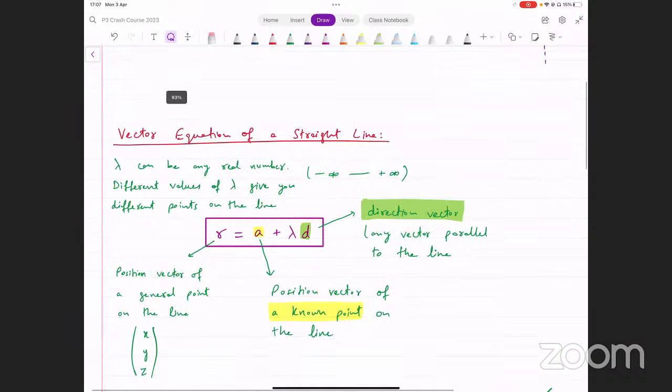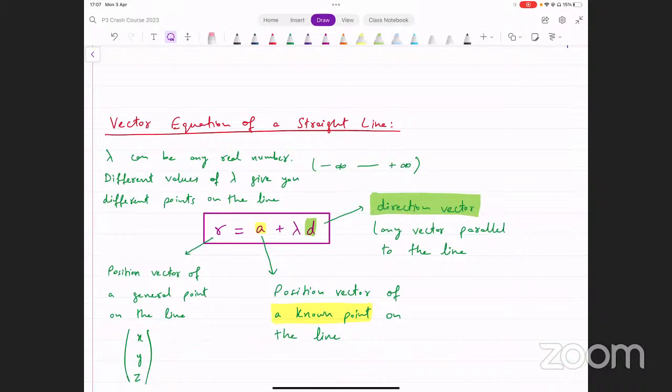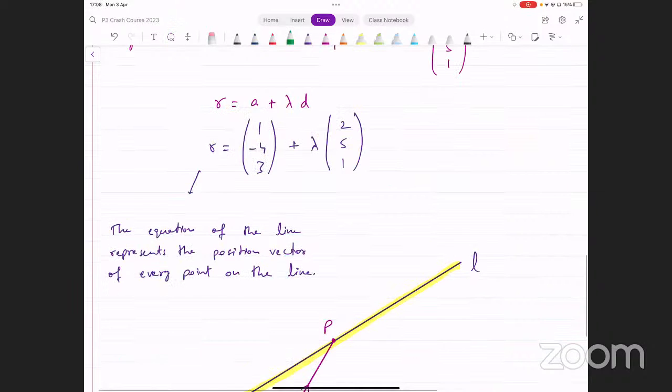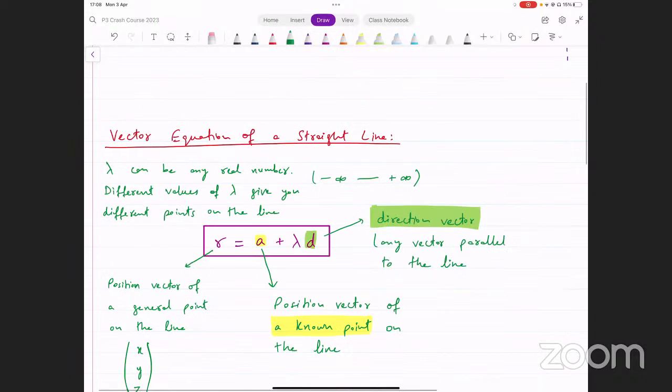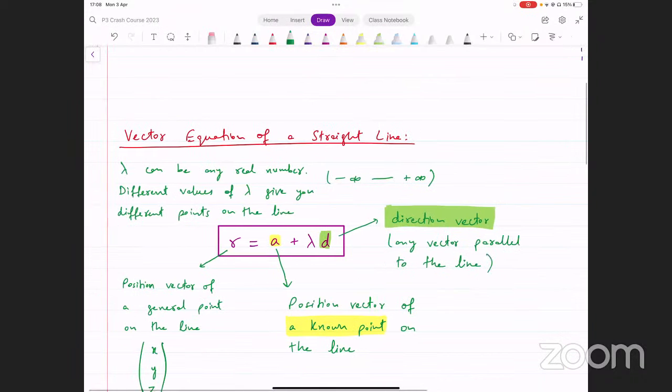Okay. So this is the vector equation of a straight line, r equals a plus lambda d. You need to remember this form. So in order to write down the equation, you need to input two things: the position vector of a point on the line, which is a, and the direction vector of the line, which is basically just any vector parallel to the line.